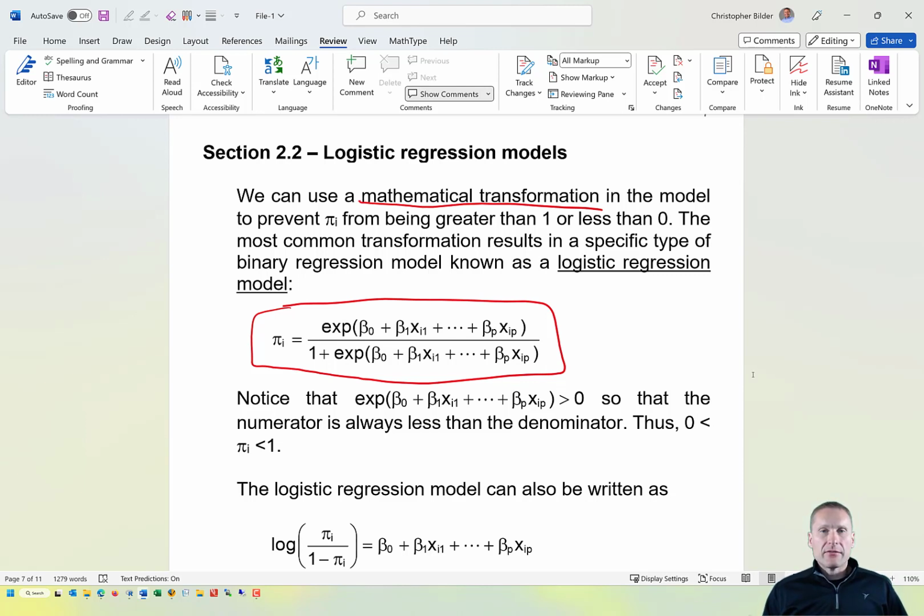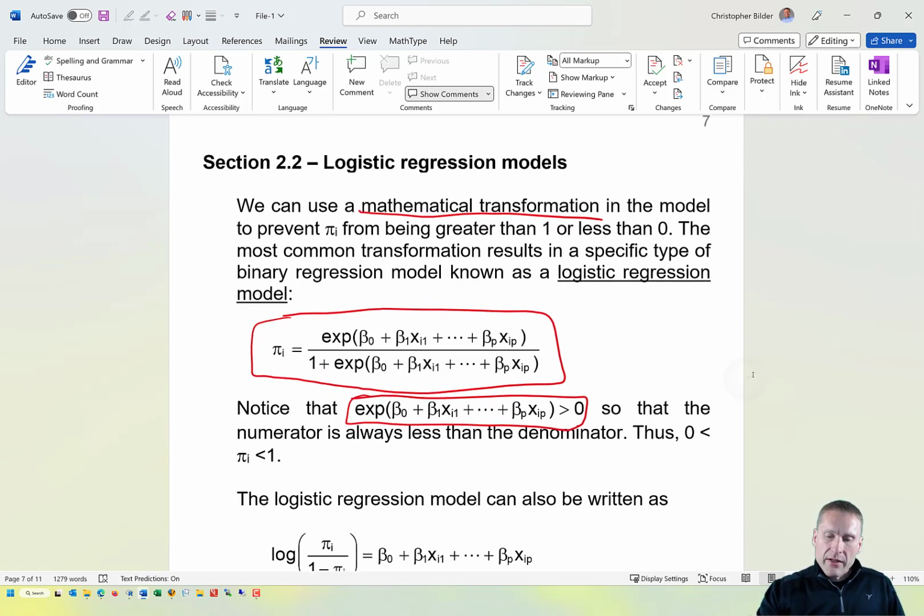Pi sub i is going to be equal to the exponential function evaluated at the linear combination of the regression parameters and our explanatory variables. That's in the numerator. In the denominator, we have 1 plus the exponential function evaluated at the linear combination of the regression parameters and the explanatory variables. Well, why do we use this kind of mathematical transformation here? Well, based upon your algebra days, you found out that the exponential function, of course, is always going to be positive. Okay, so now I don't have to worry about having a negative pi value.